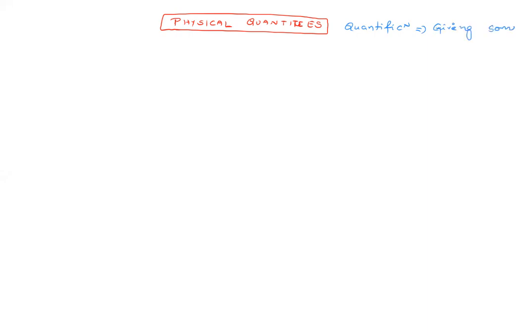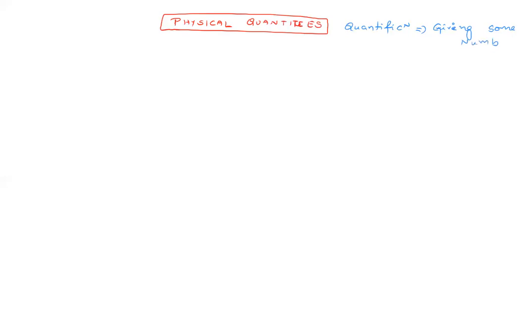Physical quantities means quantities that you can measure. Quantification is nothing but giving some number.